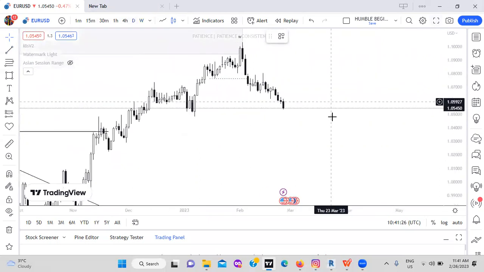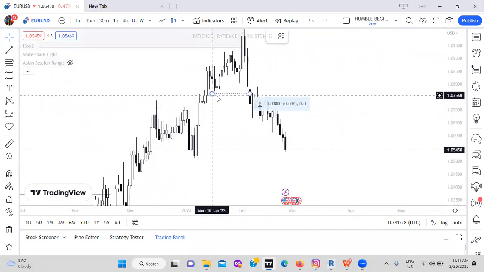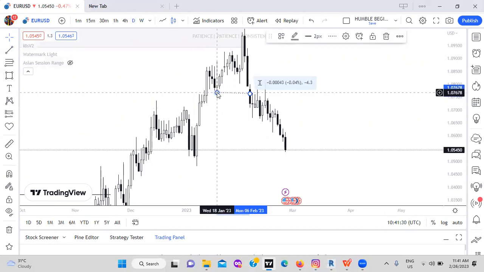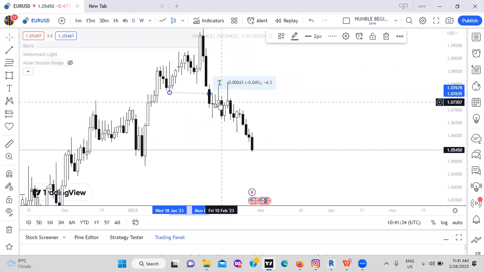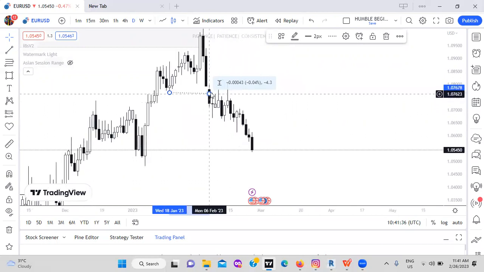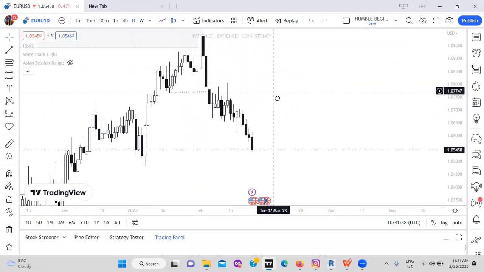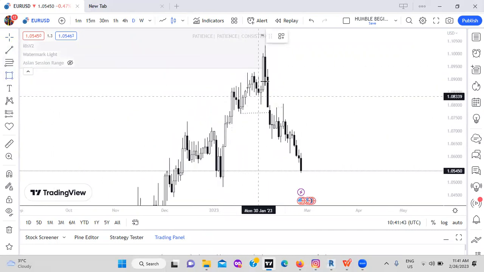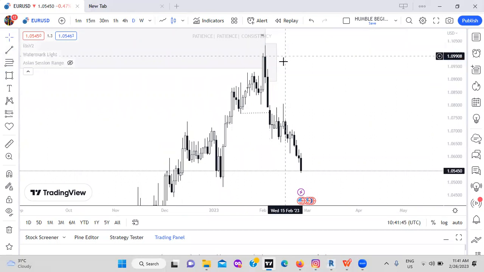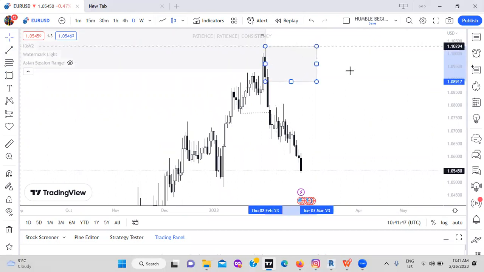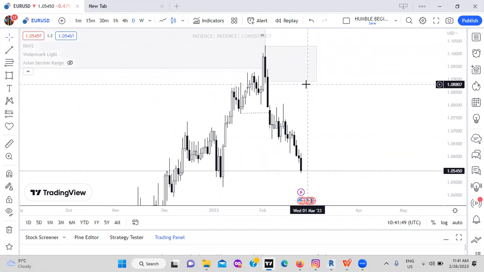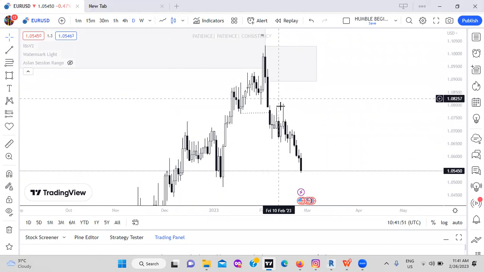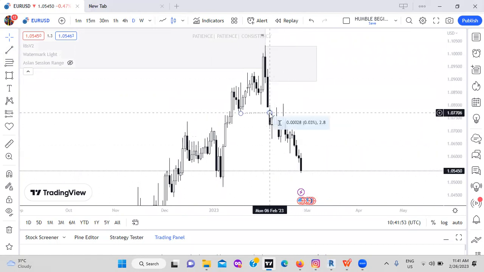On the daily time frame, this change of character is actually a break of structure, which is really interesting. So we've had a break of structure here. And this is a really massive supply zone because we can see that it swept liquidity and created this massive sell to the downside.